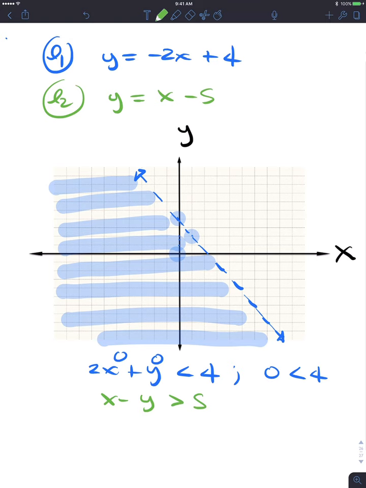So down here, 1, 2, 3, 4, 5, down here, I have my y-intercept, negative 5, and I use my slope here now of 1, so I go up 1 to the right 1 for the next point. We'll highlight it. A dotted line through these 2 points.